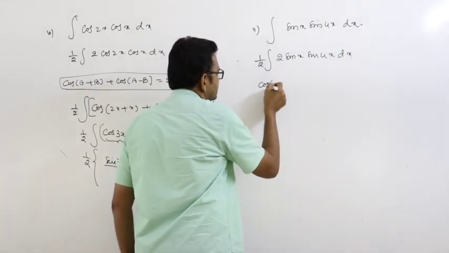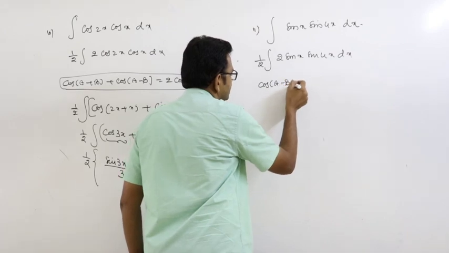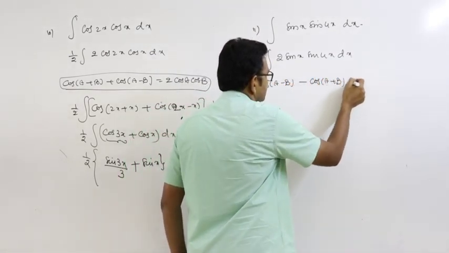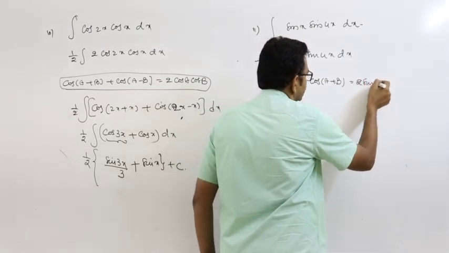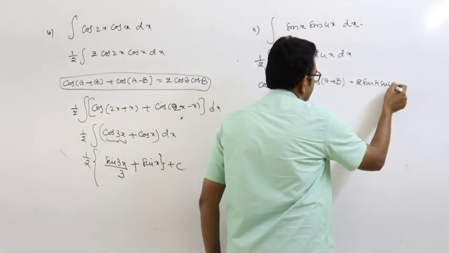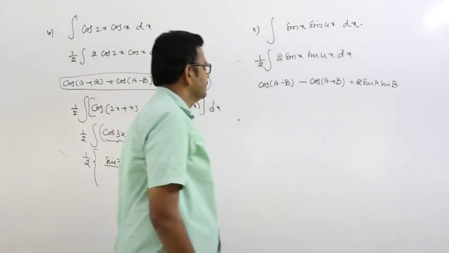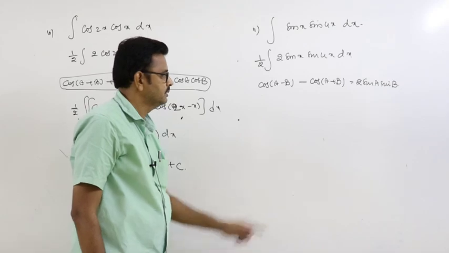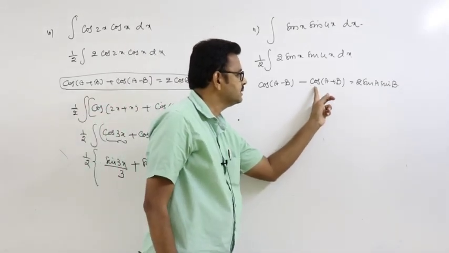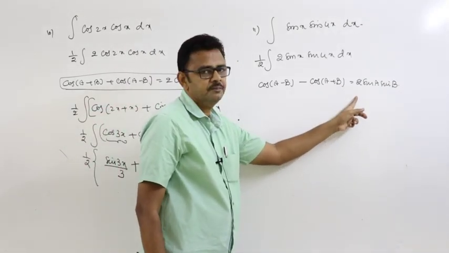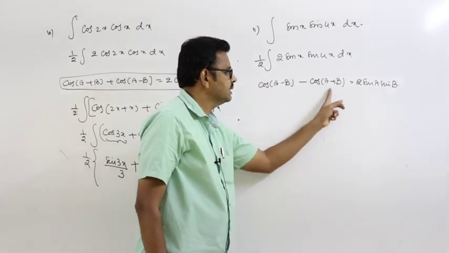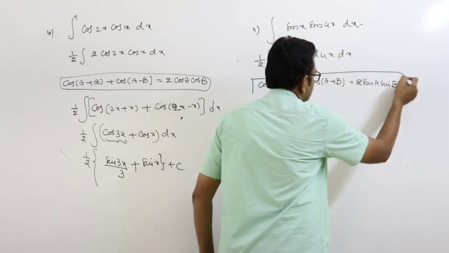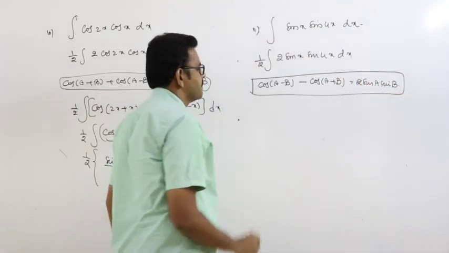This is cos of a minus b minus cos of a plus b is equal to 2 sin a sin b. Cos a cos b plus sin a sin b minus cos a cos b minus sin a sin b. So cos a cos b gets cancelled. So you get 2 sin a sin b.